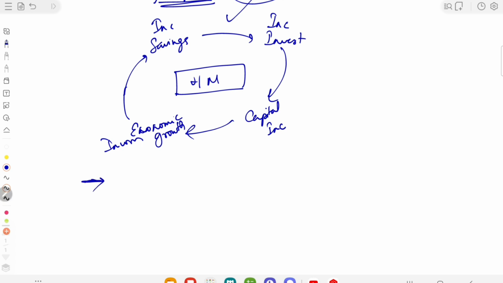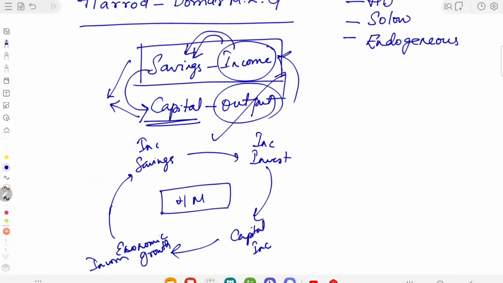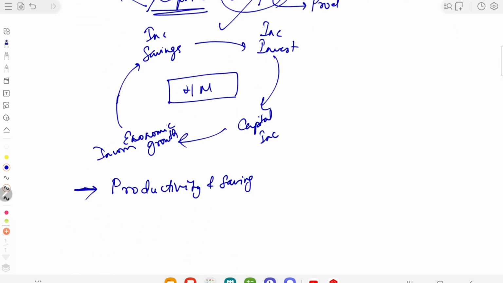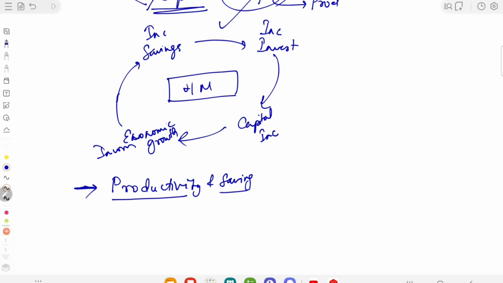One thing is that the economic growth is mainly determined by productivity and savings rate. Capital to output is nothing but your productivity, and income to savings is nothing but your savings rate. So according to this model, one of the major assumptions is that the economic growth of the economy in question is mainly determined by the productivity and savings rate. That is one assumption.